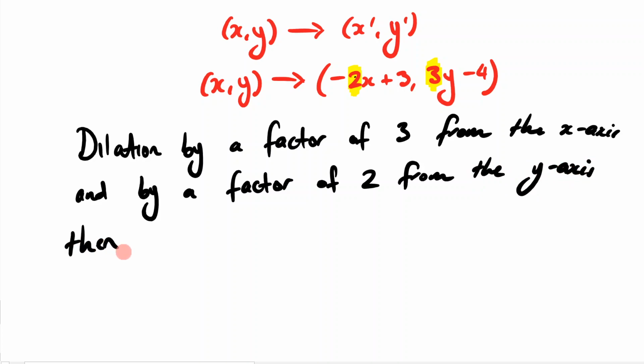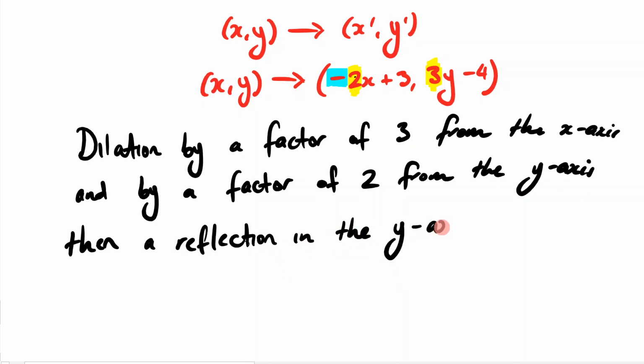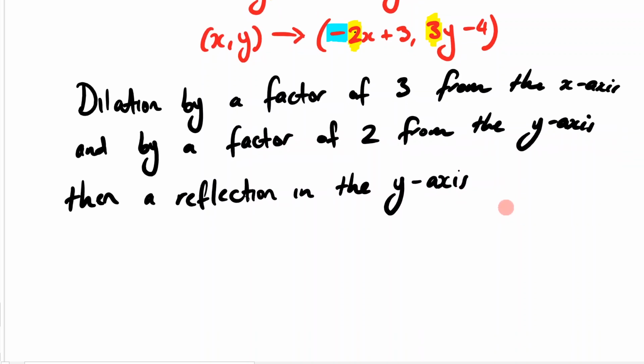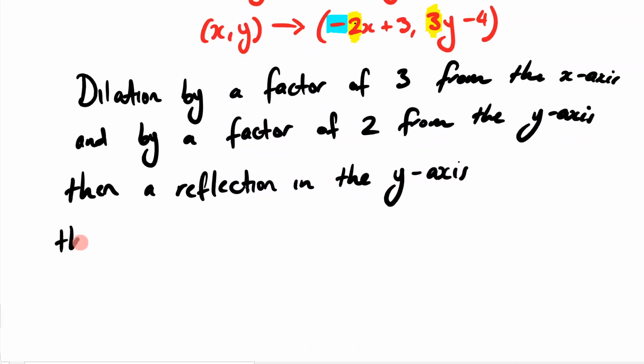Then the next thing that we deal with is our reflections. Now I've got a reflection here, and because it's affecting the x, that means it's going to be a reflection in the y-axis. And then, last but certainly not least, we're doing our translations.